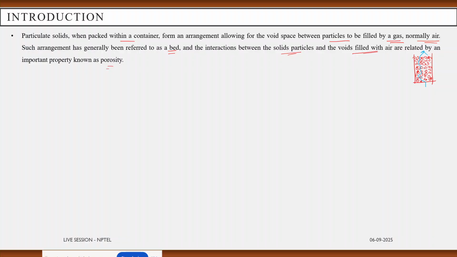This space is known as bed porosity. The porosity we are talking about is nothing but the bed porosity, because even if the solid particle is porous, it is not that efficient for liquids to pass through. So we are talking about external porosity, which is bed porosity.